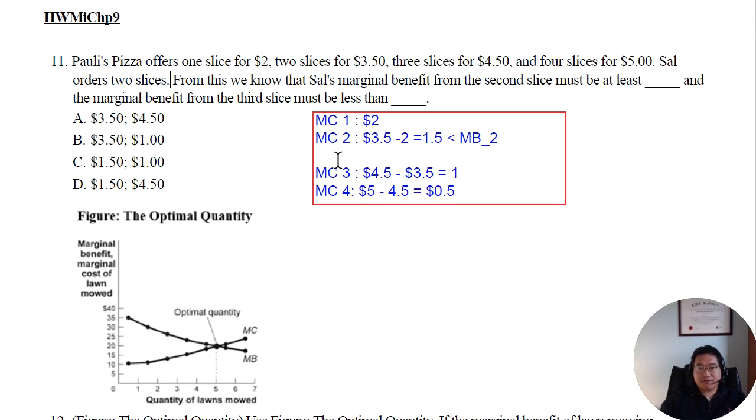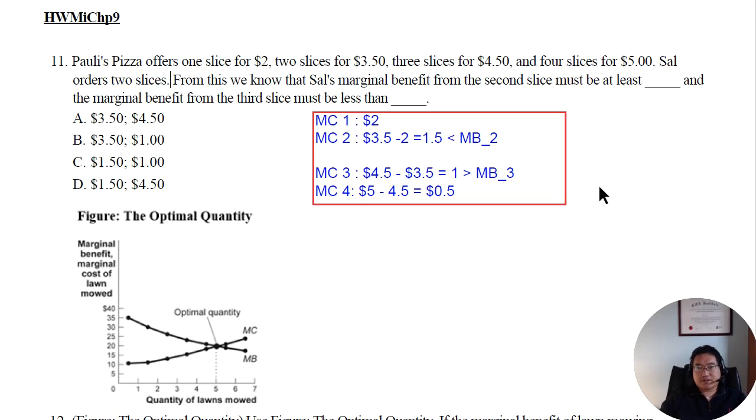Because, well, if you turn around, after you have eaten the two slices, you work for another 2 hours, come back, want to buy one extra slice, you pay $2. You need to pay this $2, not $1. So, based on this quantity purchased, there's a discount on the next slice. But this next slice, the third slice, costs more than the marginal benefit for Sal after he has got two slices.